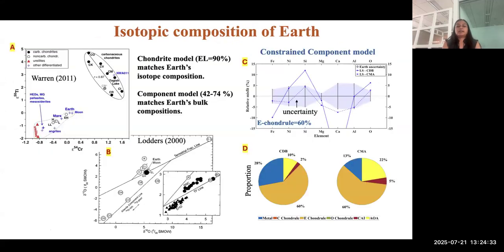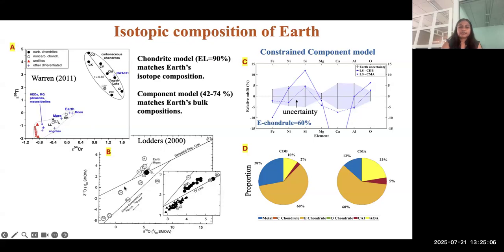However, it's good to match our bulk composition, but there is a limitation of our composition model. If we look at the isotope composition for Earth, let's focus on figures A and B. These are plots from Warren 2011 and Lauder's 2000. These are classic plots in titanium-chromium space and oxygen isotope space, showing that Earth is here, the carbonaceous type bodies are here, and NC type bodies are here.